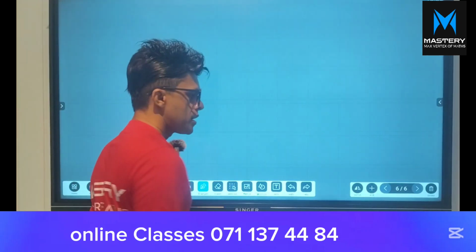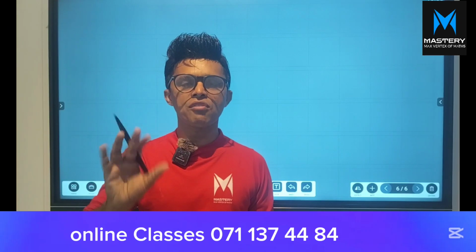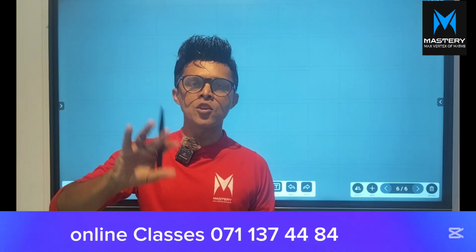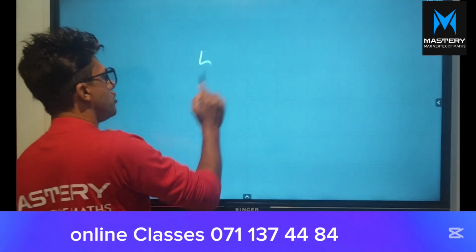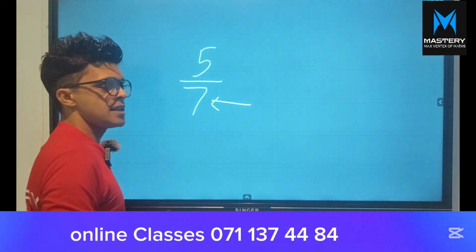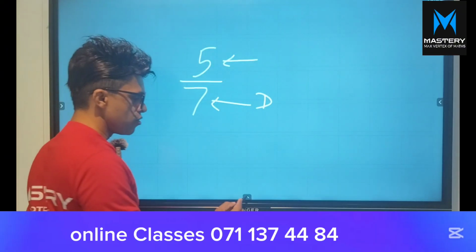So now you understood the way of identifying and writing the denominator and the numerator of a fraction. So 5 over 7, what is denominator? Denominator is 7, the numerator is 5.